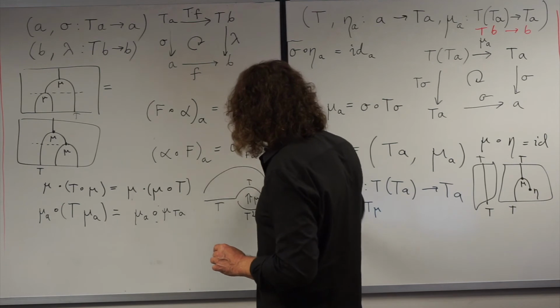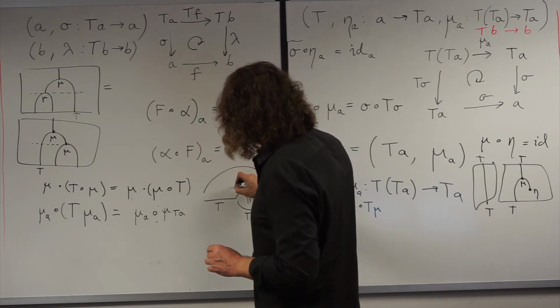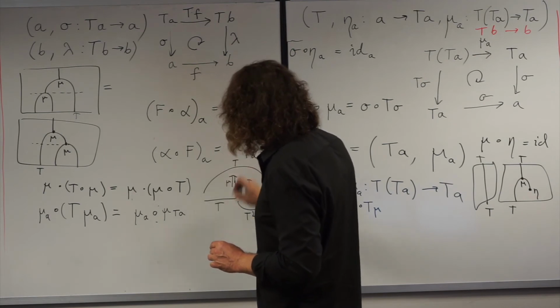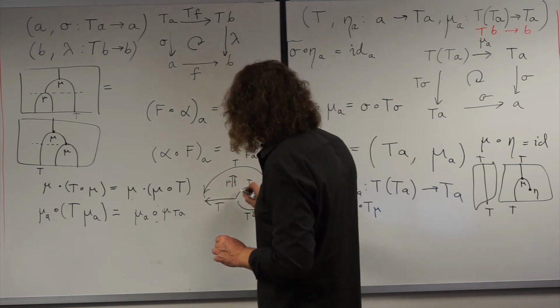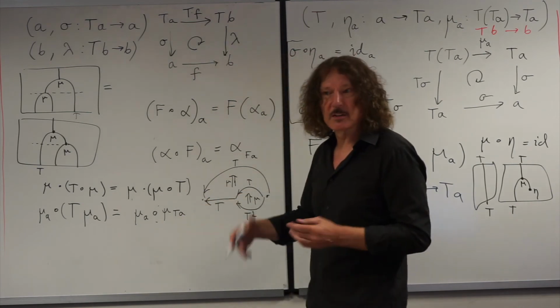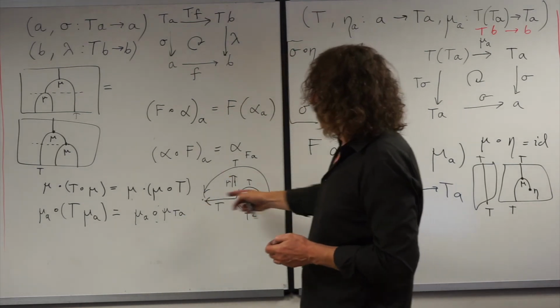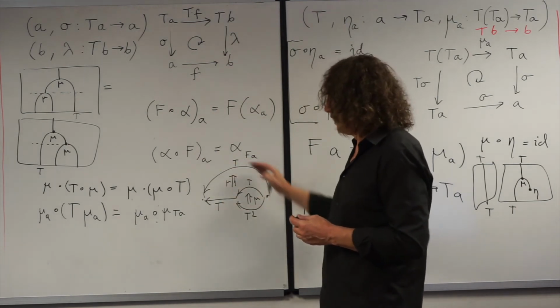And then you compose this with another mu. It's all the same category because it's an endofunctor, right? So this is this equation, if you draw it as a diagram.